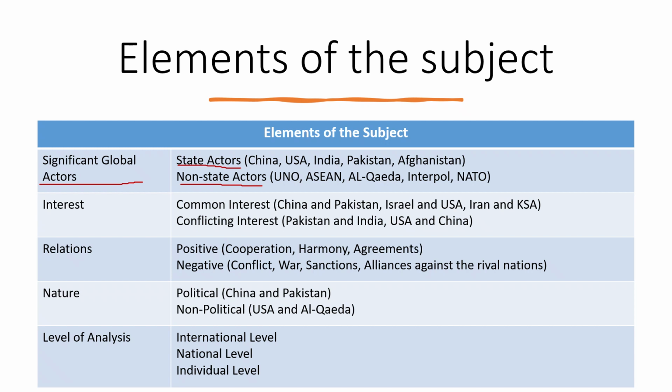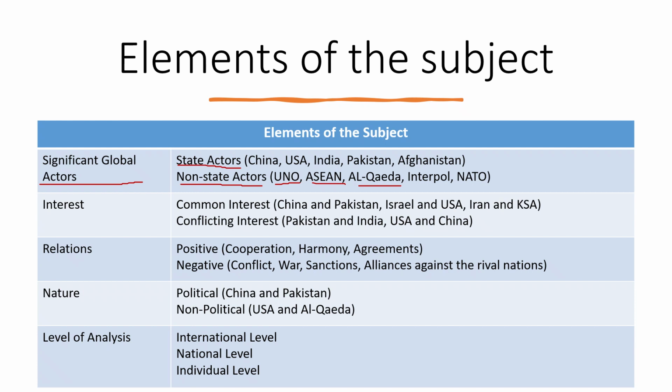For example, all the international governmental organizations, the United Nations organization, ASEAN, Al-Qaeda, the terrorist group. Al-Qaeda we know, and history is the evidence that Al-Qaeda played a major role in the beginning of the 21st century. But Al-Qaeda is not a state actor, it is a terrorist organization. So we can call this a non-state actor.